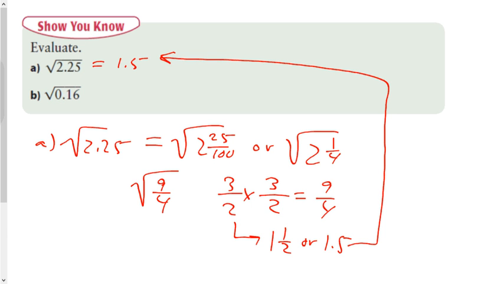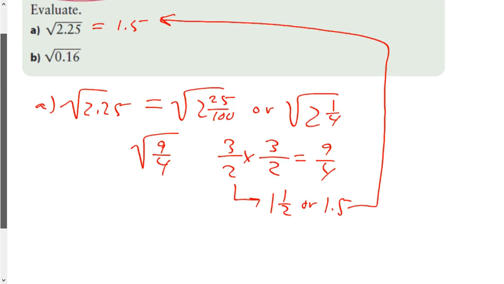Okay, let's look at B. Evaluate the square root of 0.16. First of all, how do I read 0.16? I shouldn't read it as 0.16. Danny, how should I read 0.16? 16 tenths, right. So what is the square root of 16 tenths?